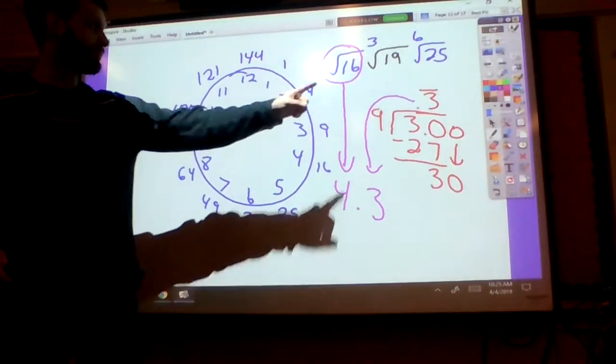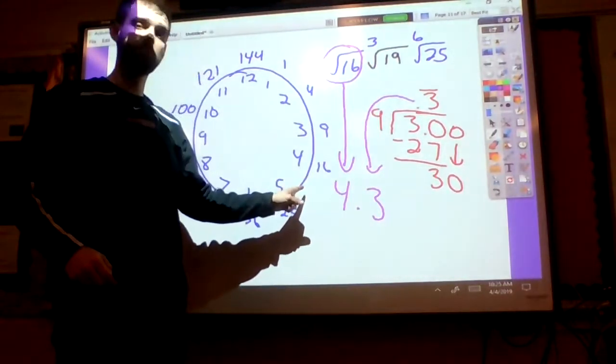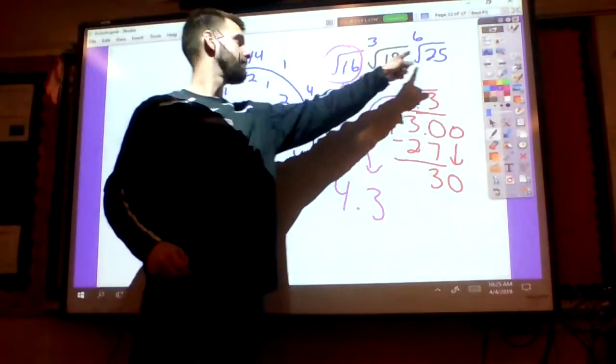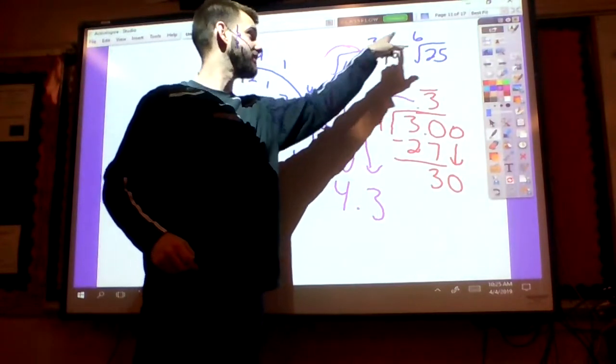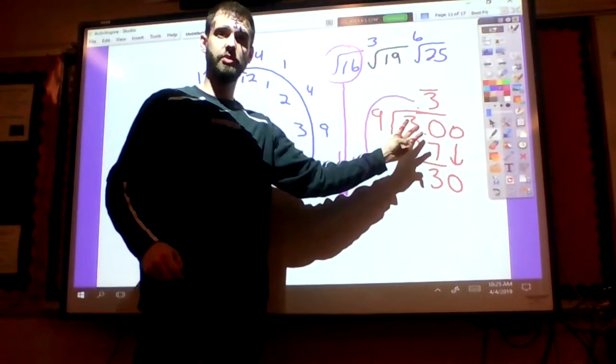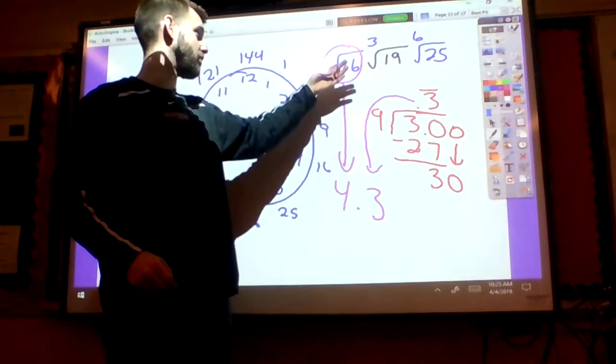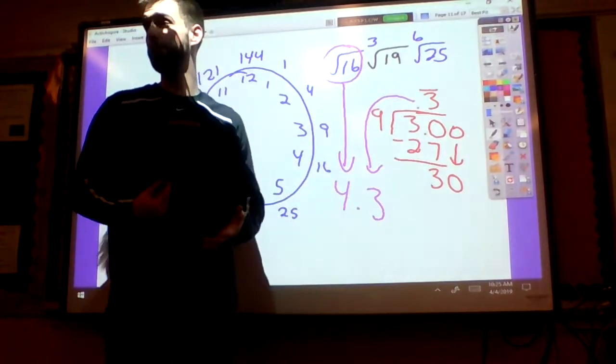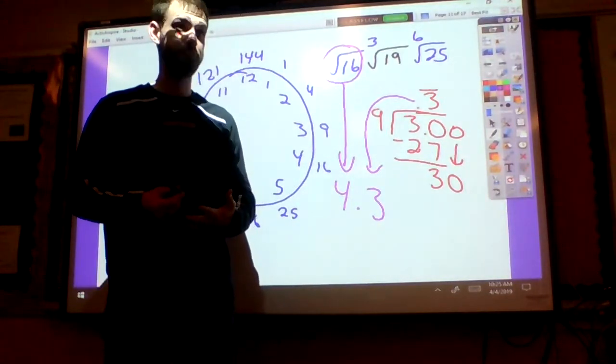So step 1, see what 19 is between. Step 2, put them in order and see how far it is from each one. Step 3 is our long division. Step 4 is to get the whole number from the first perfect square. Any questions here?